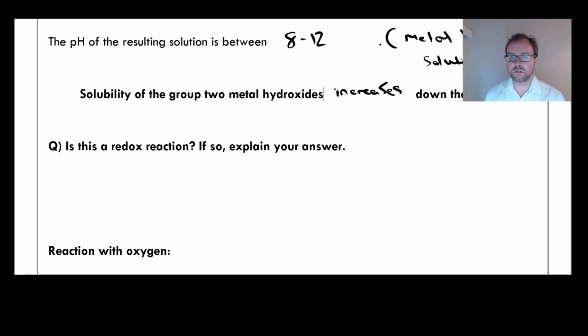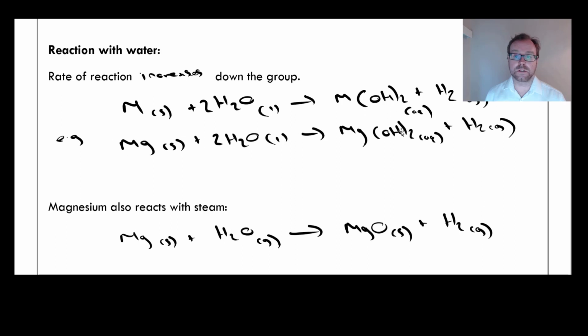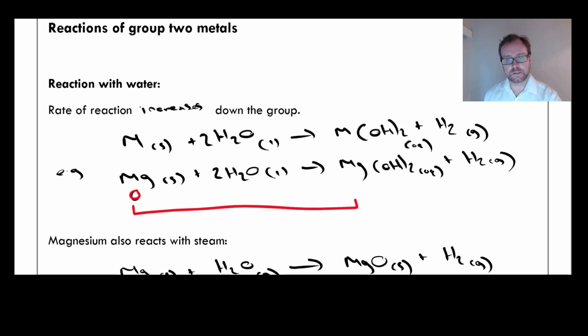Right, over to you. Is this a redox reaction? If so, explain your answer, using the hydroxide equation up here. Okay, we'll go through the answer. Magnesium here is 0 because it's in its natural state. It has lost 2 electrons to form +2, so it has been oxidized. Can you see anything which has been reduced?